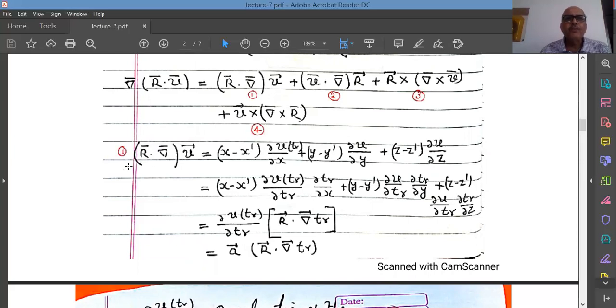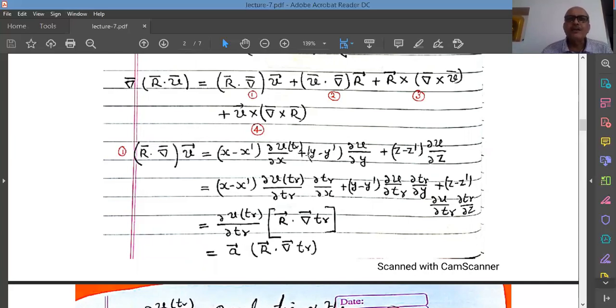If you take the dot product, it becomes (x minus x dash) del over del x of the quantity appearing outside, that is v, and v is a function of t_r, because all these terms have been written at the retarded time, which we have to keep in mind every time while writing these expressions.